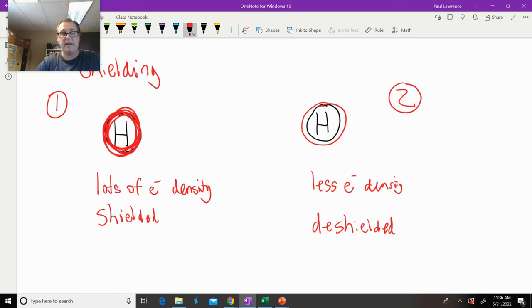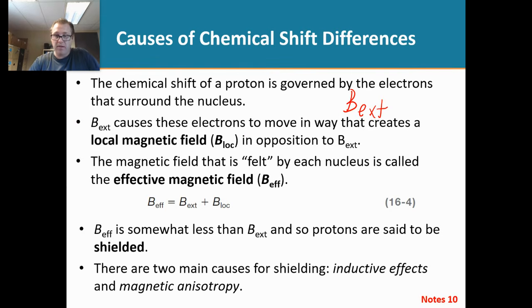Now this shielding and deshielding is caused by what atoms are attached to the protons and what that looks like. Let's come back here and make sure we covered everything.